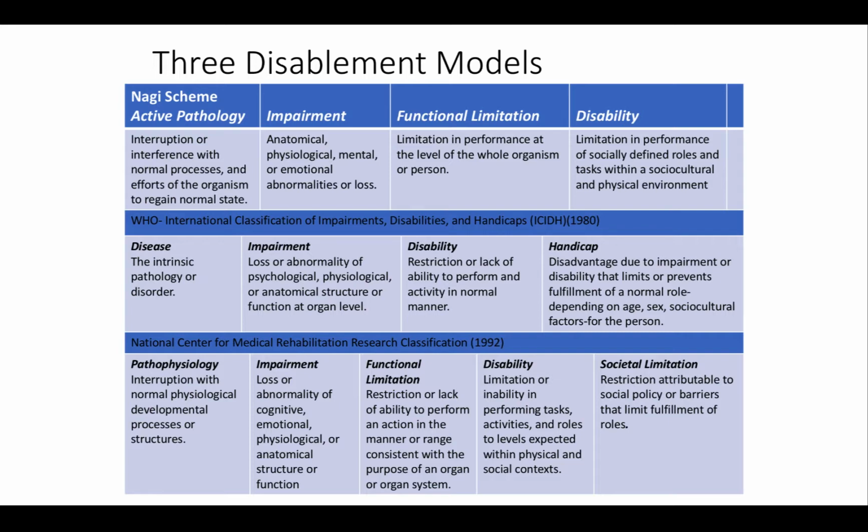The top Nagi model was the original, really the easiest to understand, and the Nagi model talks about disease and pathology in terms of impairments, functional limitations, and disabilities. If you look there on the left, in the Nagi scheme, a person may have an active pathology, say a hip fracture.